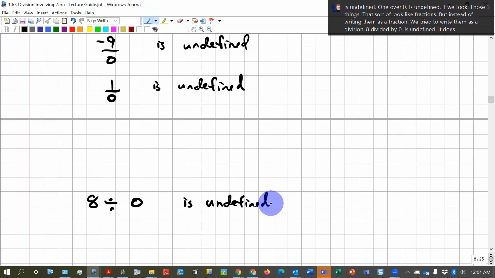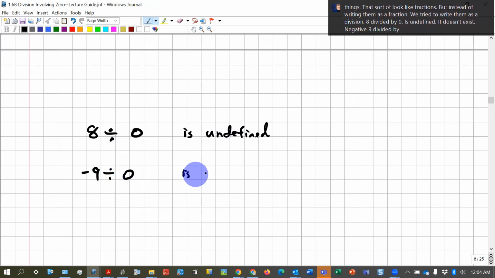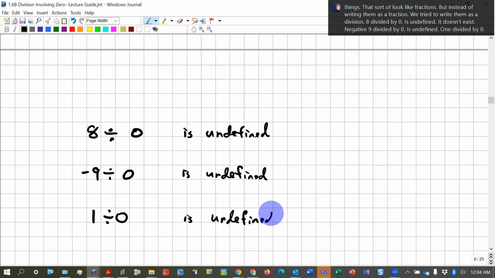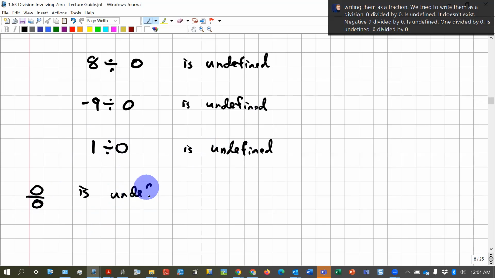It doesn't exist. -9 divided by 0 is undefined. 1 divided by 0 is undefined. 0 divided by 0 is undefined.